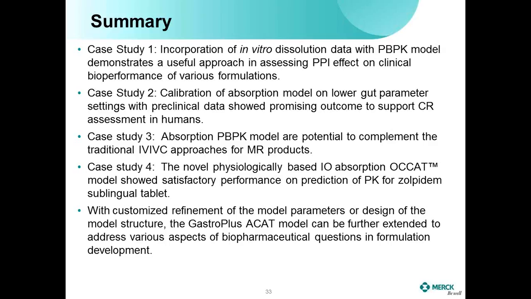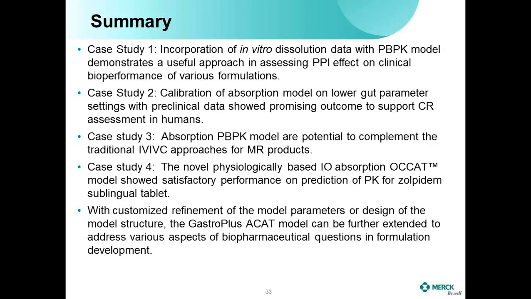In case study 2, we talked about the calibration of the absorption model on lower GI and how we use this approach to support controlled release formulations in humans. Case study 3 showed the absorption PBPK model's potential to complement the traditional IVIVC approach for MR formulations.